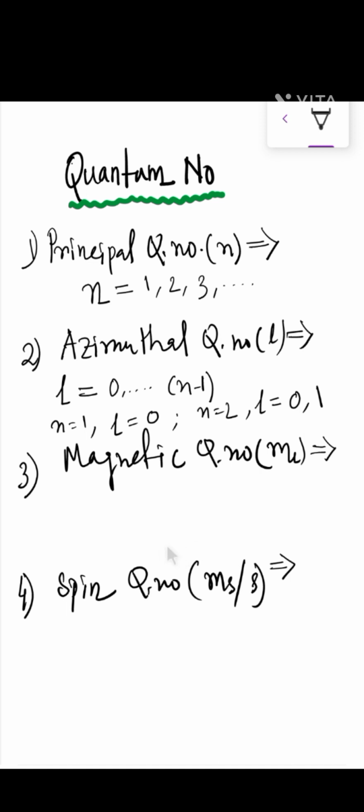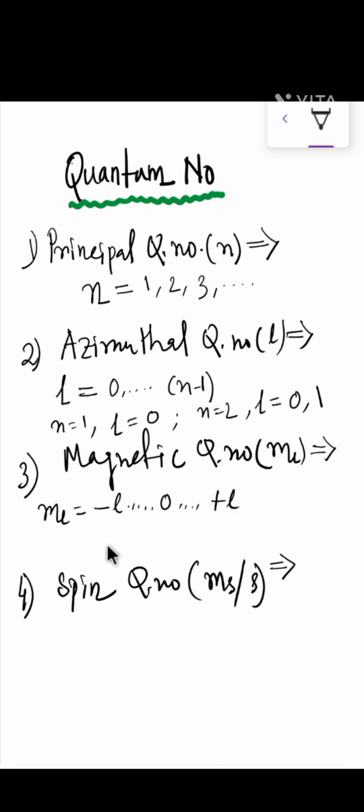Now for the magnetic quantum number, as I told you, for each value of l, m_l will have different values. l and m_l are related like this: m_l equals minus l, through 0, up to plus l.